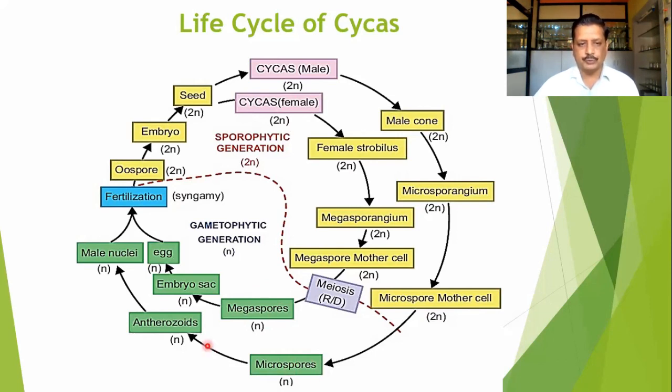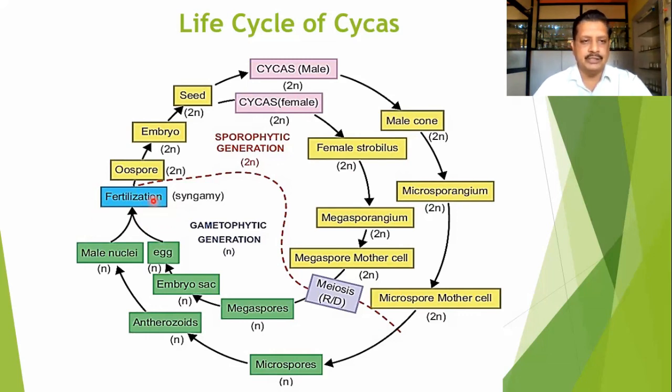Now these microspores give rise to the antherozoids, which produce two male nuclei, and they can go for fertilization. The megaspore develops into the embryo sac, and in the embryo sac the egg cell is present. The male nucleus fuses with this egg cell, and here the fusion takes place.